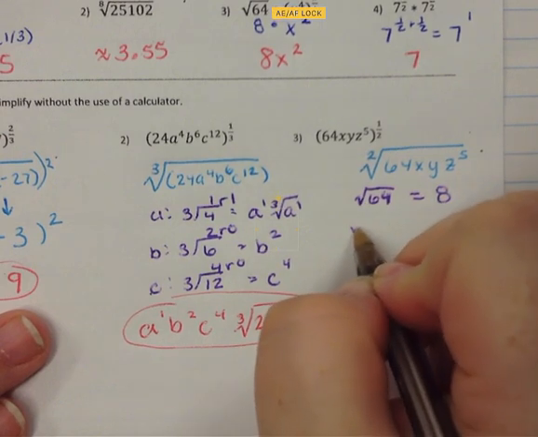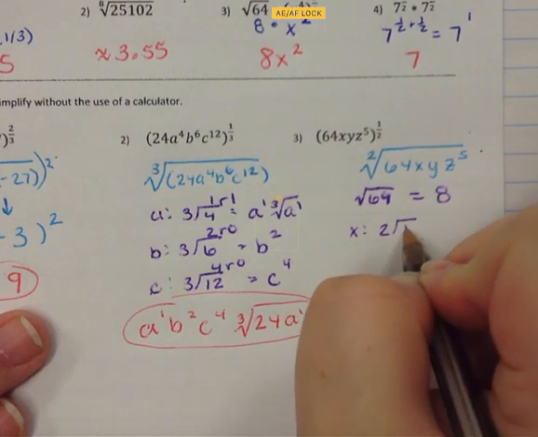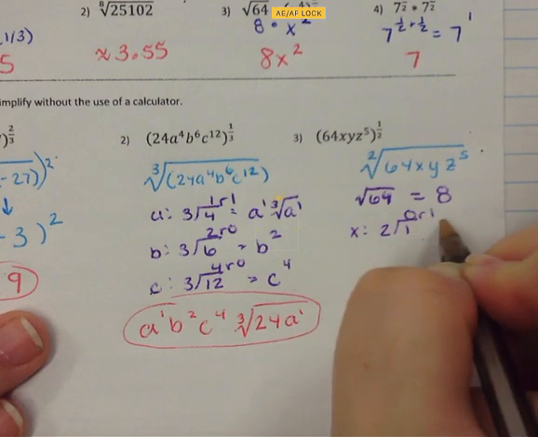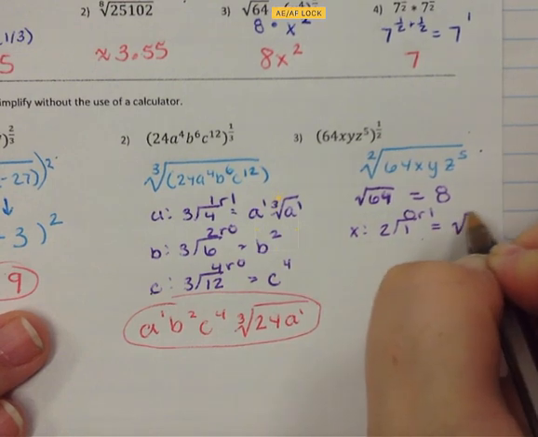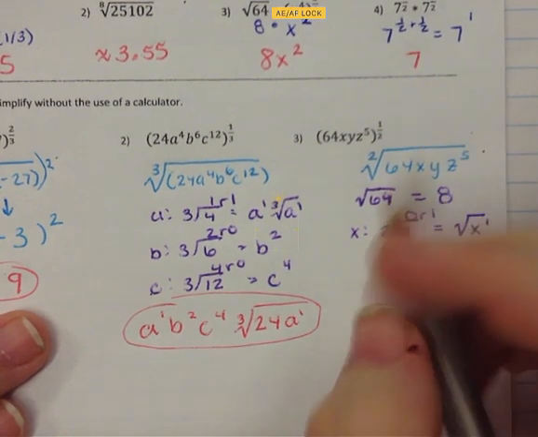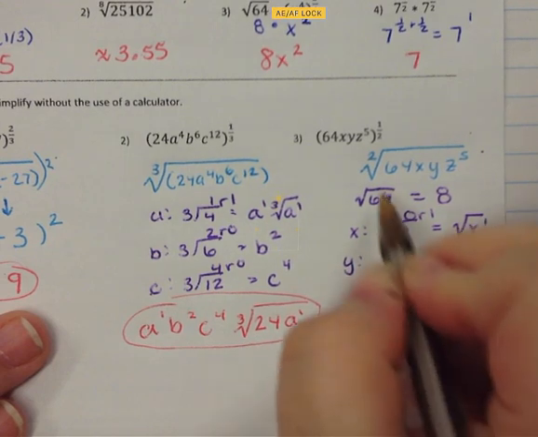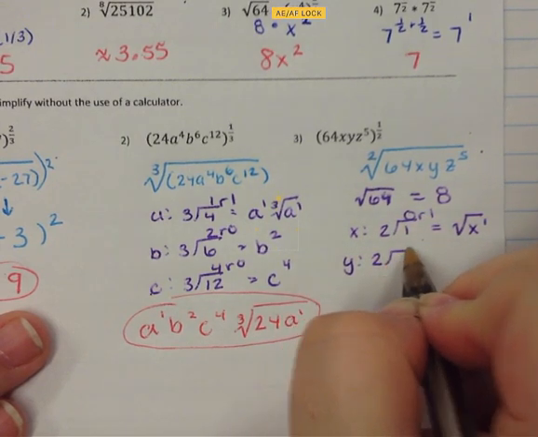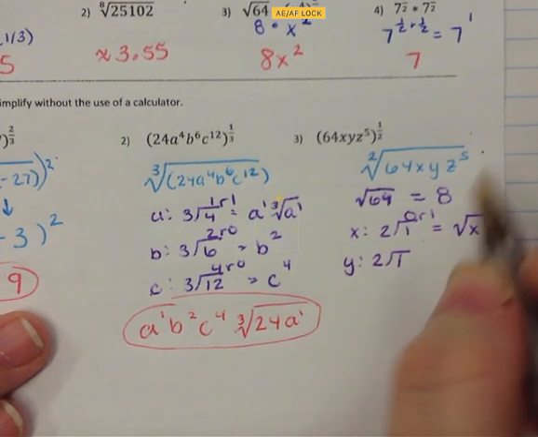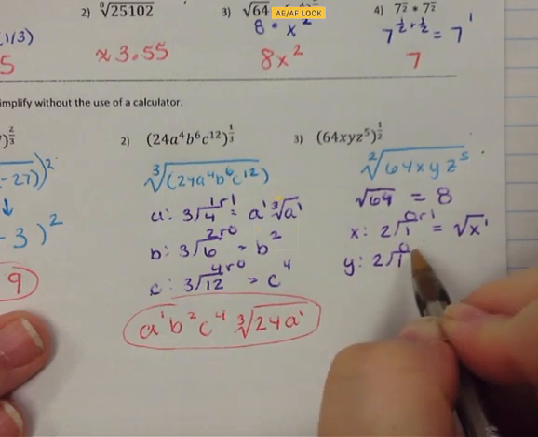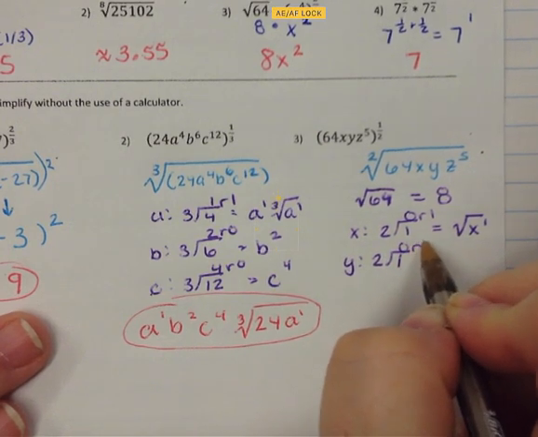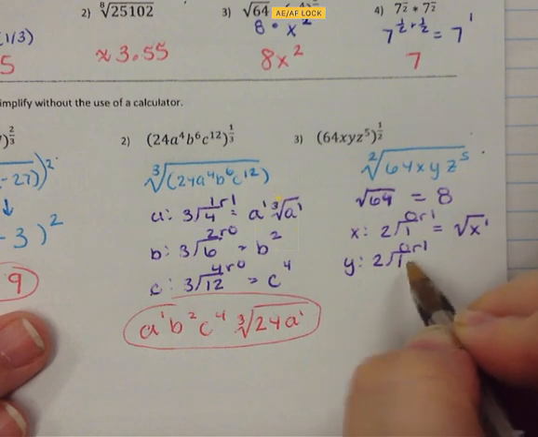So that's my coefficient for that. Then for our x, 2 goes into 1 zero times with a remainder of 1. That means we still have the square root of x to the first. For the y, our index is 2, and 2 doesn't go into 1, so it goes 0 times, still with a remainder of 1, so that stays as it is.